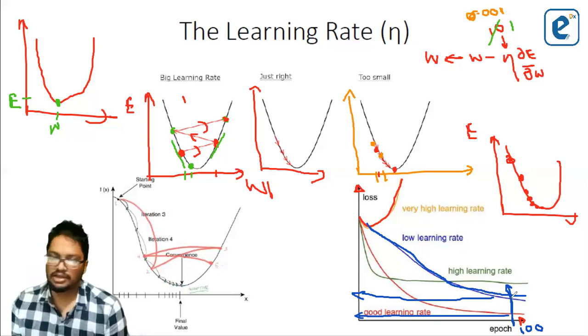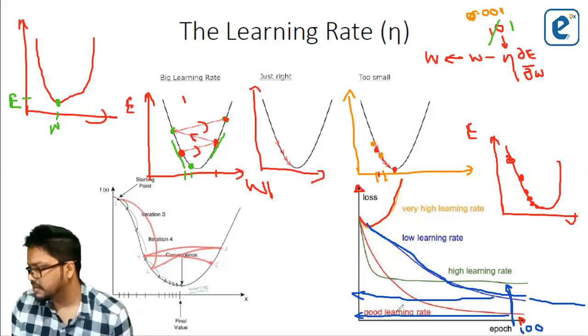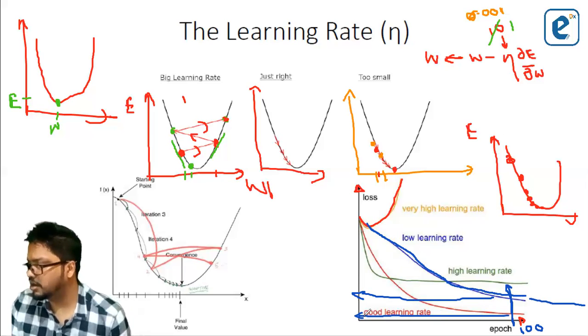So that means this is going to somehow converge, but it takes time. If you have a good learning rate, an intermediate value, it's going to reach the optimal loss before this curve. We can see that here, right?